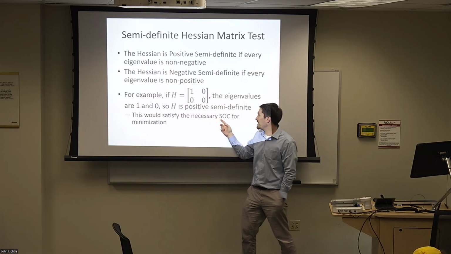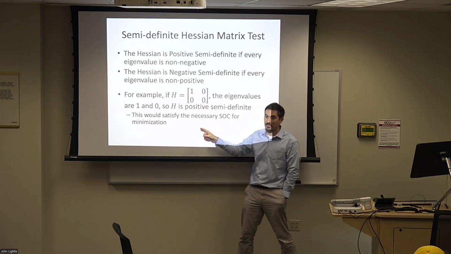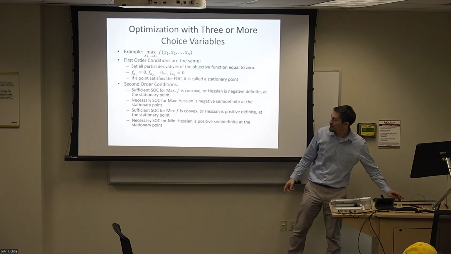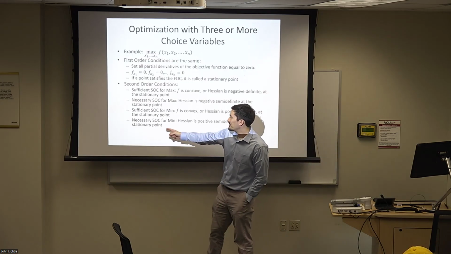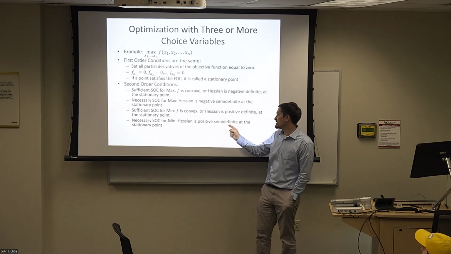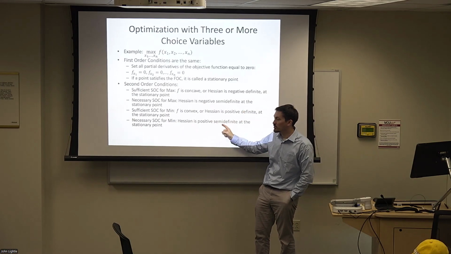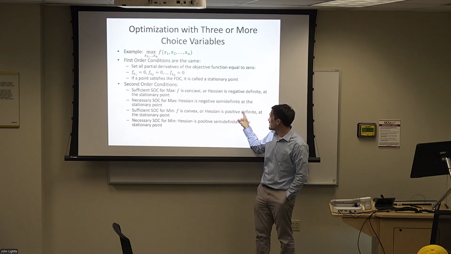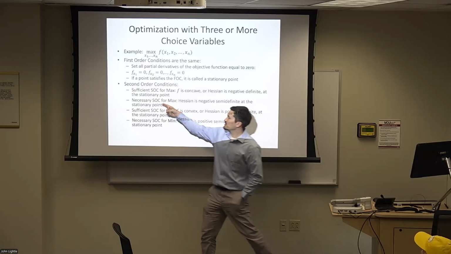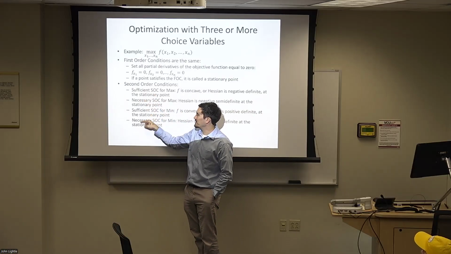This would satisfy the necessary second order conditions for minimization, which are back on the previous slide: the Hessian is positive semi-definite. Notice that's the only difference. Definite, semi-definite. That's the difference between sufficient and necessary.